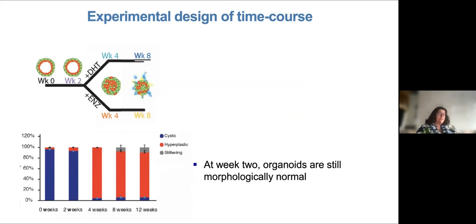Let's dig in and look at the transcriptome of these different states. We also quantified, and we saw that at 2 weeks, the organoids are still completely cystic and nice and pretty looking. Almost all of them, 90%, reverted to hyperplastic at 4 weeks. So we see the quantification. Slithering took a while.